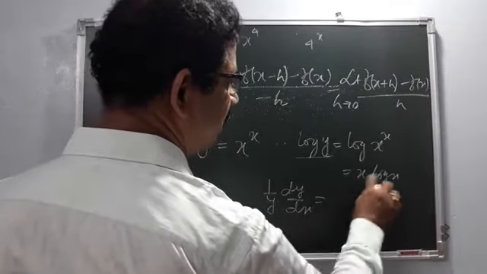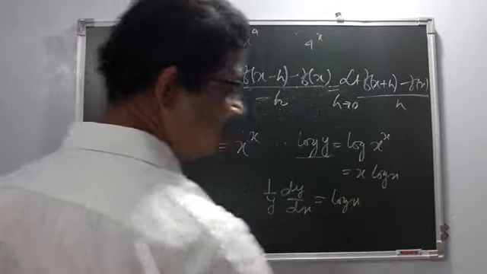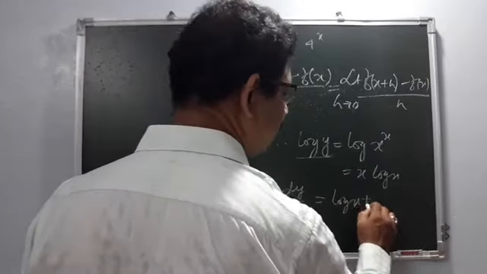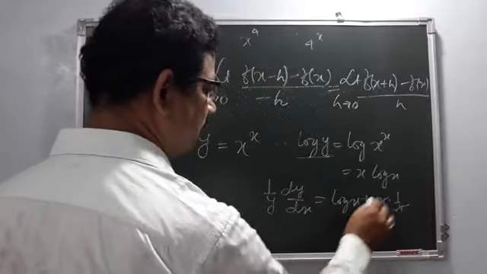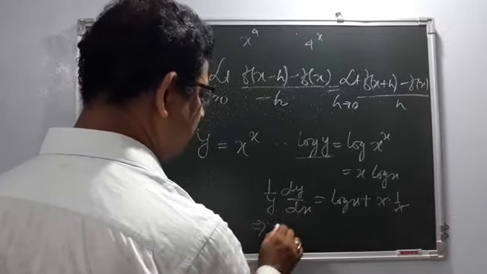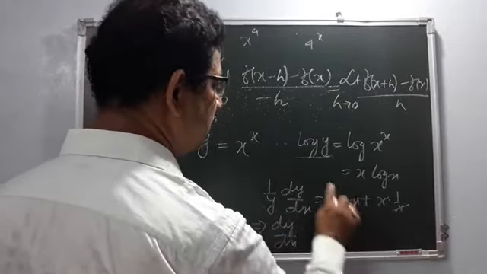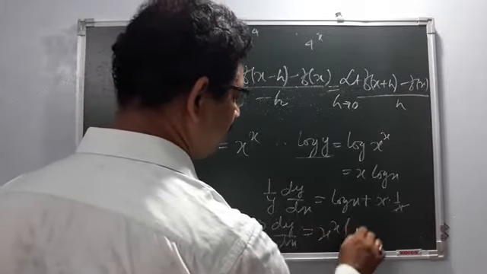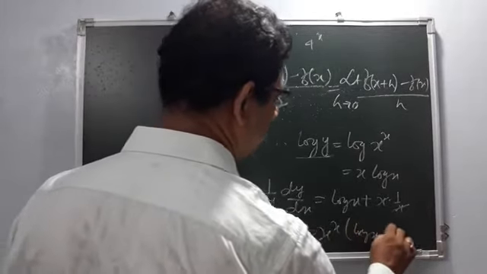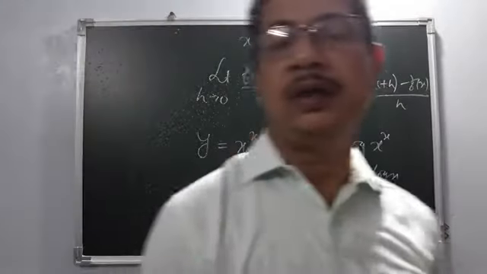Differentiation of x is 1, so it is log x only. If you differentiate log x, it is 1 by x only. So after cancellation we get 1 only. So what is dy dx? It is y into this. Y is our x to the power x, so it is x to the power x into log x plus 1.